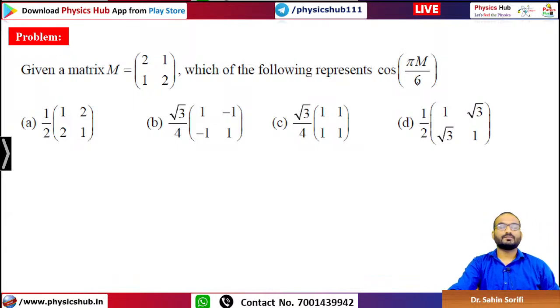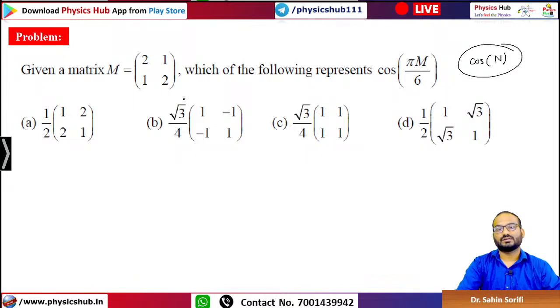So a little bit complicated operation you have to do. You can take pi M by 6 as another matrix, let's take N equals pi M by 6. So you just need to find cos N. Instead of going with M, you go with N.